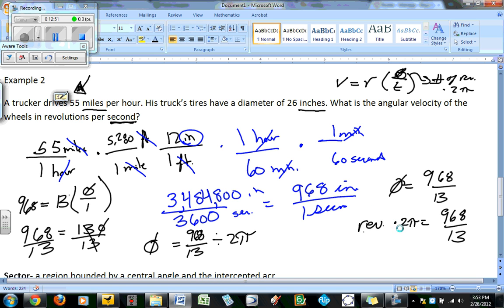So to get revolutions by itself, we're going to divide by 2 pi. All right. And if we work that out, 968 divided by 13, and then divide by 2 pi again, we get roughly 12 revolutions per second.